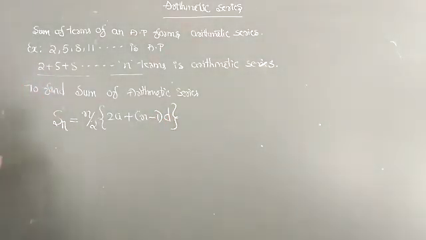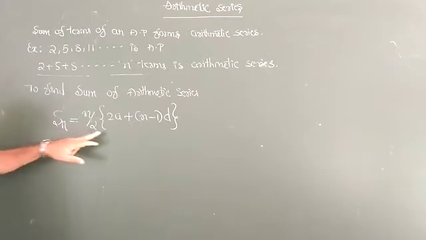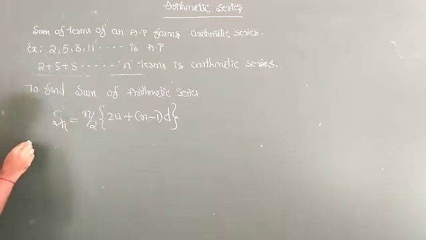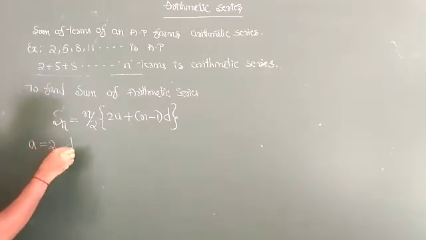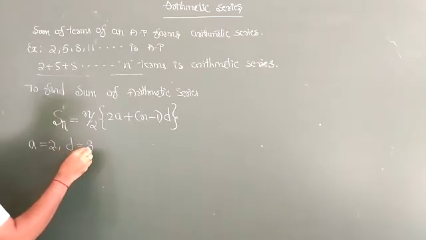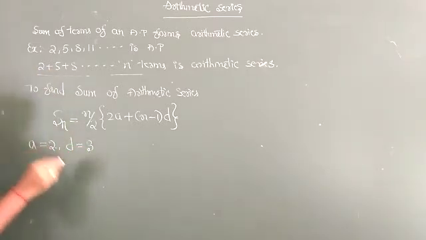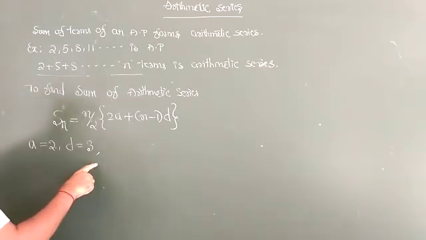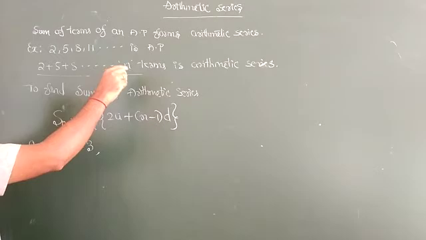Let us extend our formula to this example. Now what do we have? We know already that here a equal to 2, d equal to 3 because 5 minus 2 is 3. Then how many terms are we supposed to find? Let us imagine I am trying to find out the sum of 10 terms.